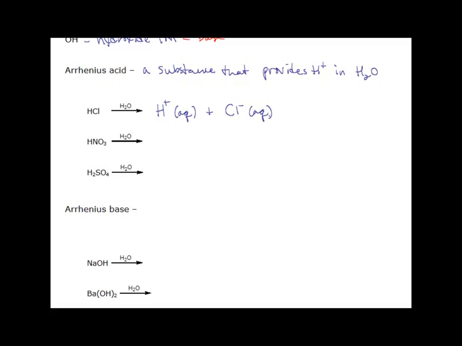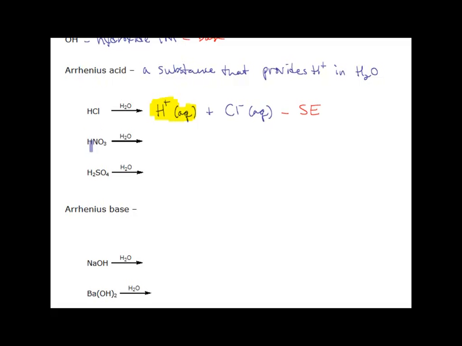So based on what you know about electrolytes from earlier in Unit 5, what would you say about HCl? Is it a weak electrolyte, a non-electrolyte, or a strong electrolyte? It is a strong electrolyte. All right. It's an Arrhenius acid as well because it produces H+ in water.